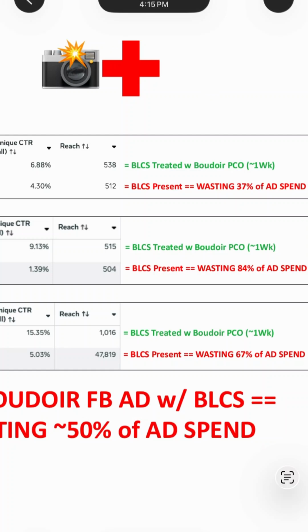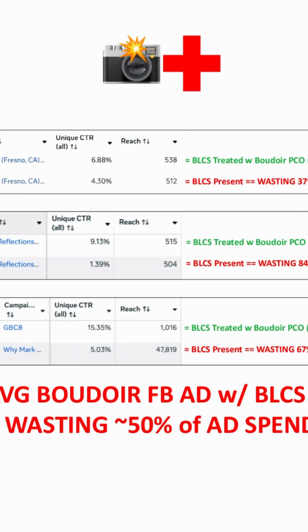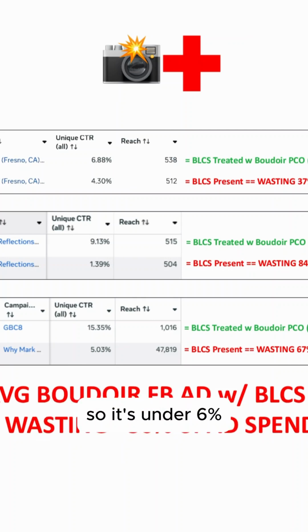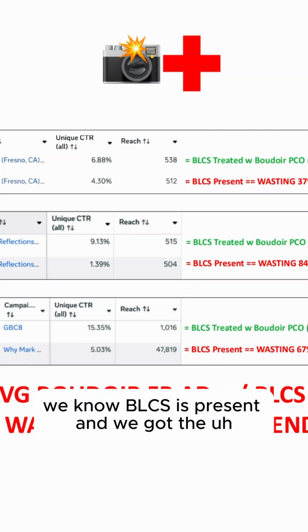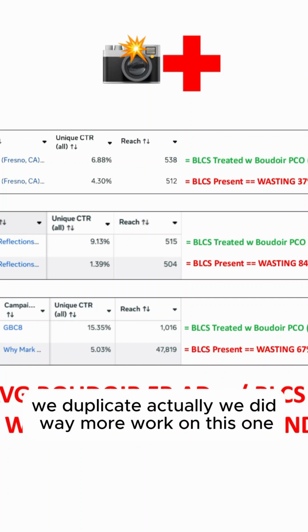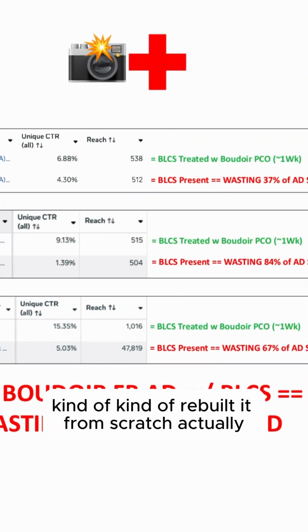Next, had a patient, saw his Boudoir Facebook ad had 5.03% unique CTR, so it's under 6%. We know BLCS is present. Well, actually, we did way more work on this one. Kind of rebuilt it from scratch, actually.